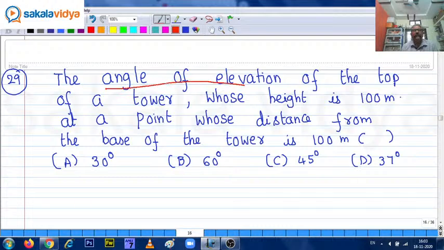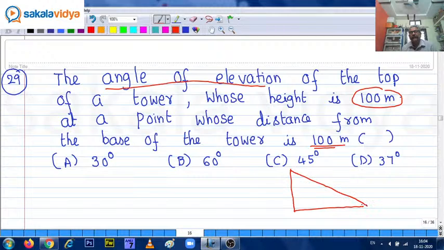So the angle of elevation you need to find out. Height of the tower is 100 meters. The point is at a distance from the base of the tower of 100 meters. It's very simple. So distance and height are the same. That means 45 degrees obviously is the answer. This is 100. This is also 100.